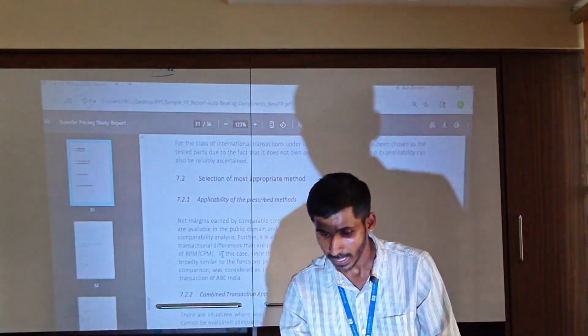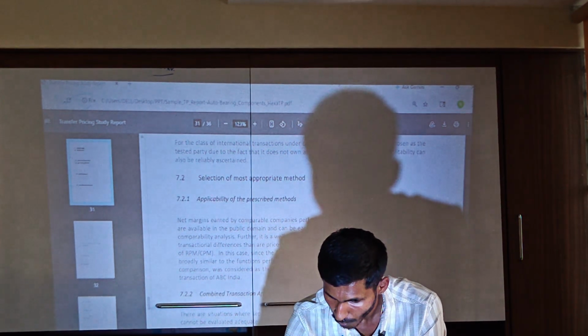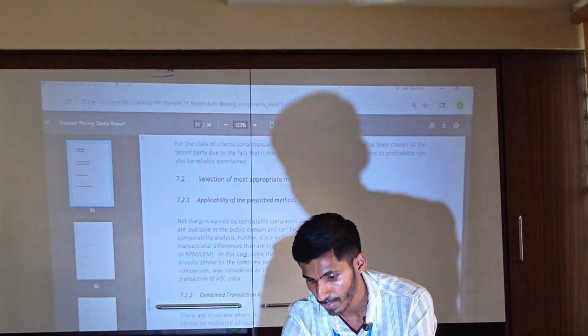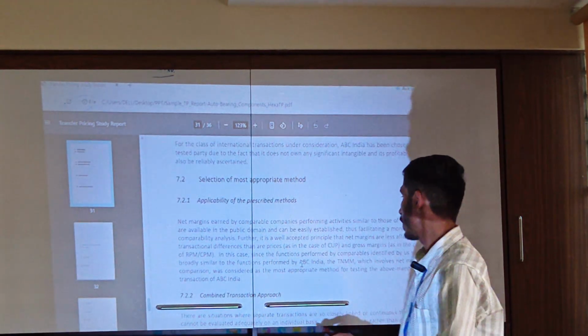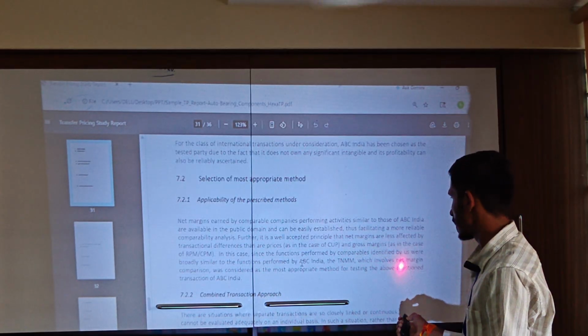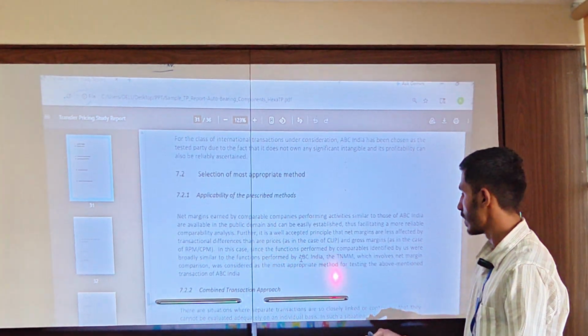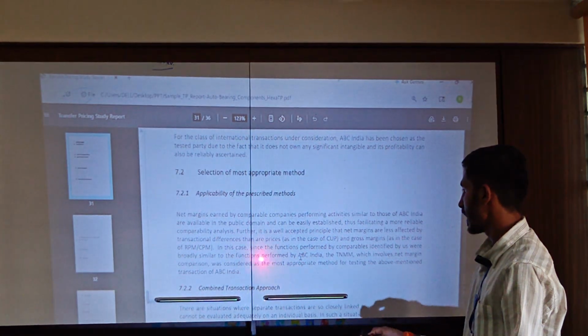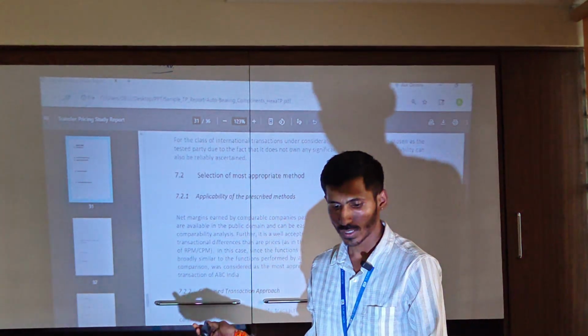Since the functions performed by the comparables identified by us were broadly similar to the functions performed by ABC India, the transactional net margin method, which involves net margin comparison, was considered the most appropriate method for testing the above transactions of ABC. So they have chosen the transactional net margin method.